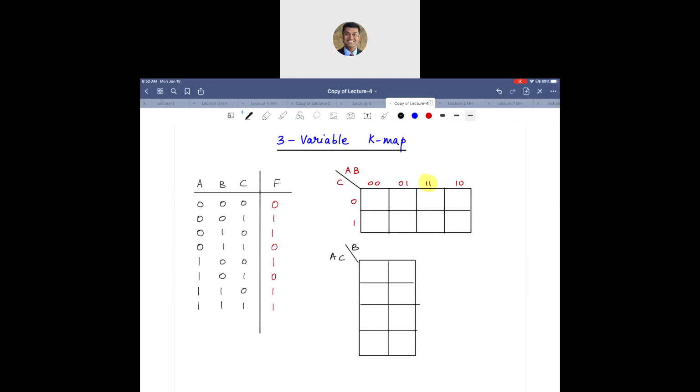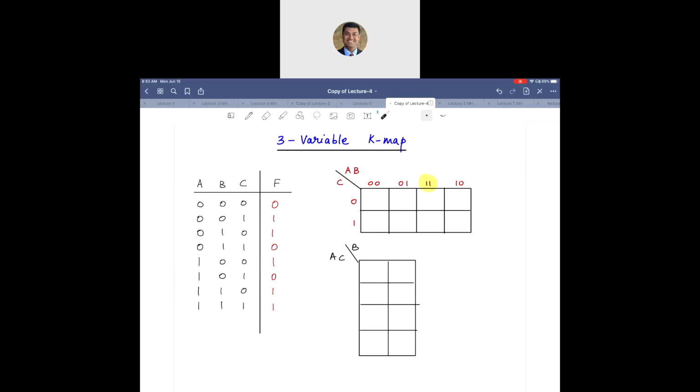But then it becomes very difficult for me to keep track of where each F is going to go, because I have switched around the input variables. But the point I'm trying to make is you can lay this K-map horizontally, you can lay this K-map vertically. The way I show at the top is just my convenience.